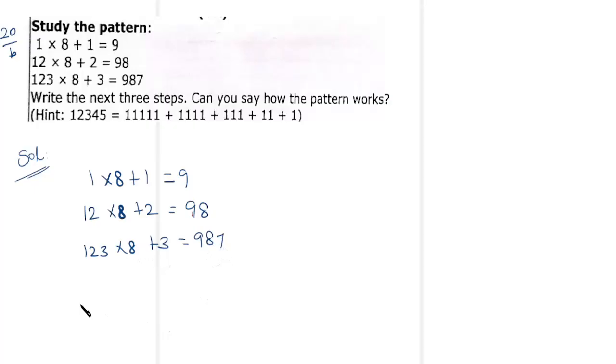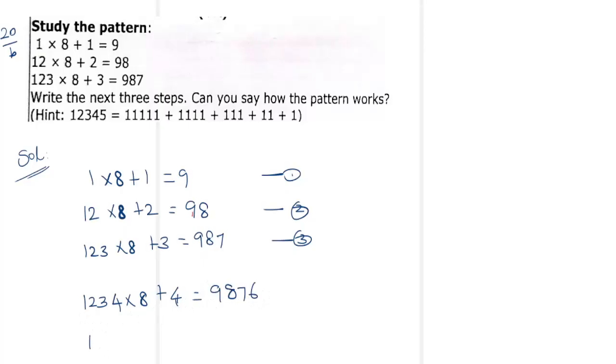You can find the fourth line like that: 1 2 3 4 into 8 plus 4. The 4 digits are 9 8 7 and 6.